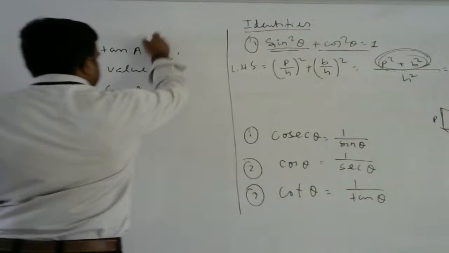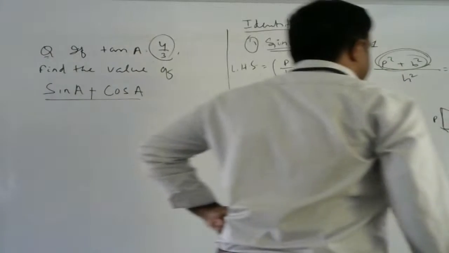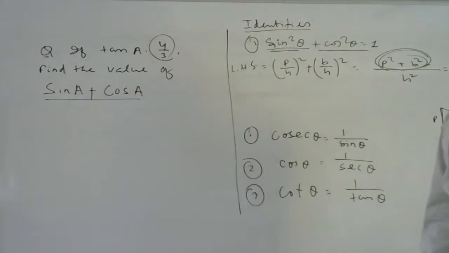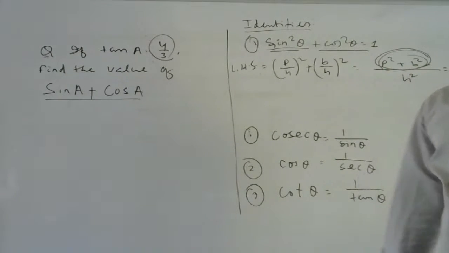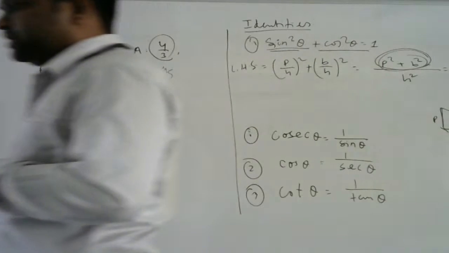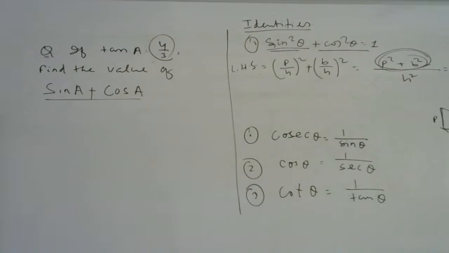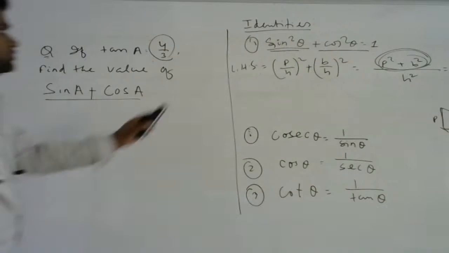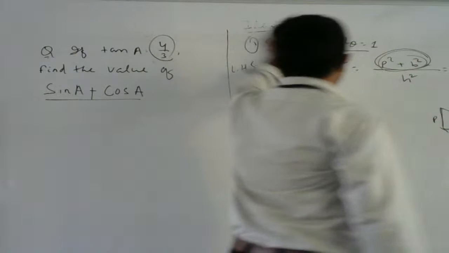So tan A is given as 4 upon 3. That means indirectly the lengths of the sides are given. So how will you solve this type of question?